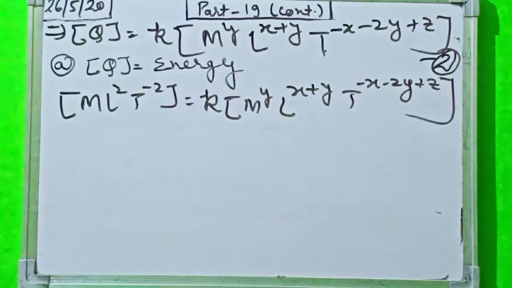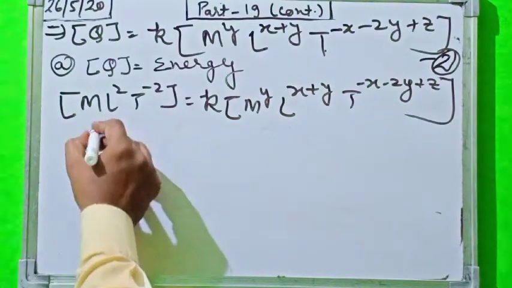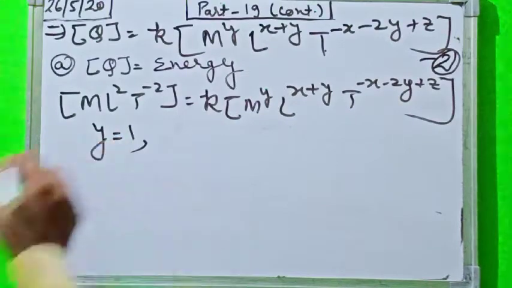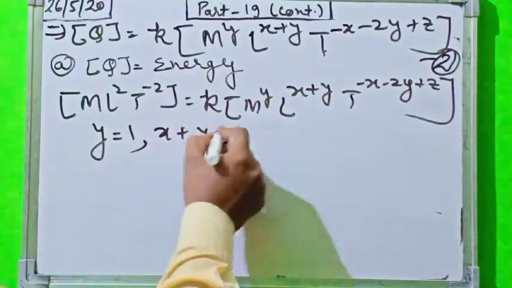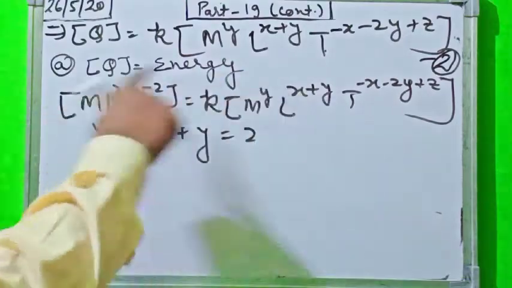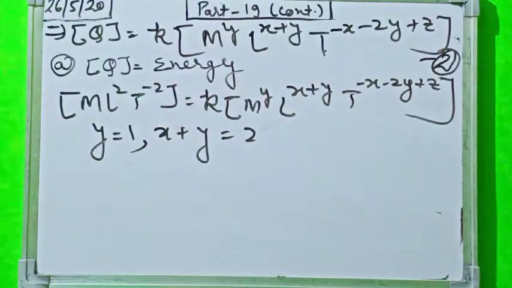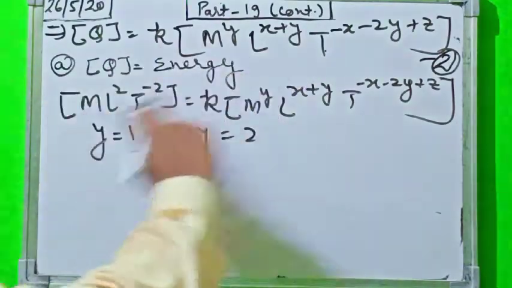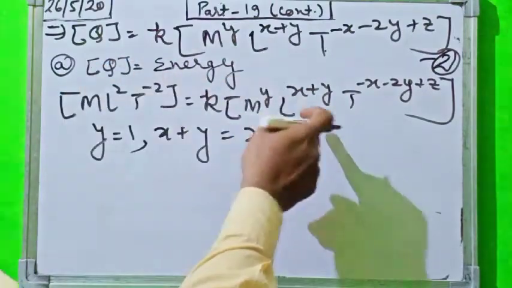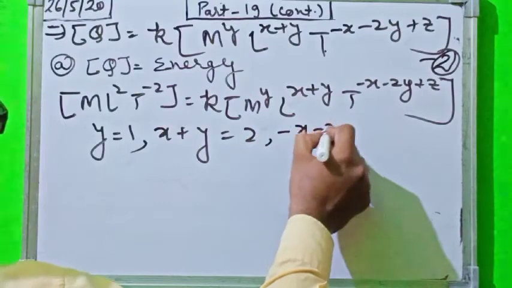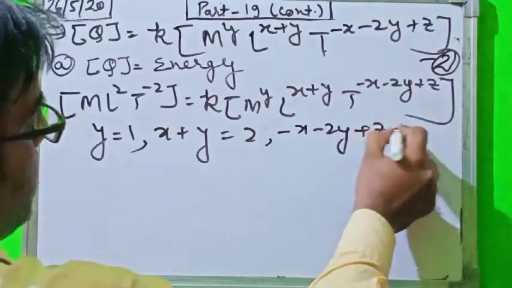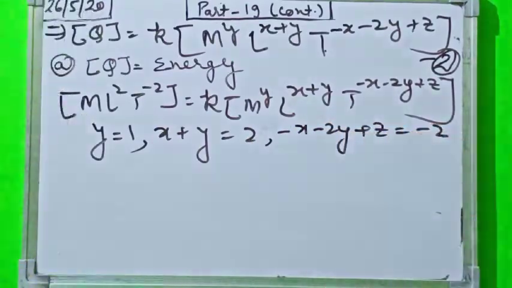Now equating it dimensionally, y is equal to 1, x plus y is equal to 2. By the principle of homogeneity, the dimensions will be the same. So y is equal to 1, x plus y is equal to 2, and minus x minus 2y plus z is equal to minus 2.